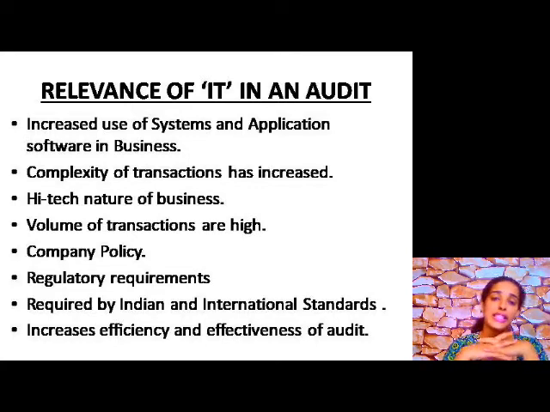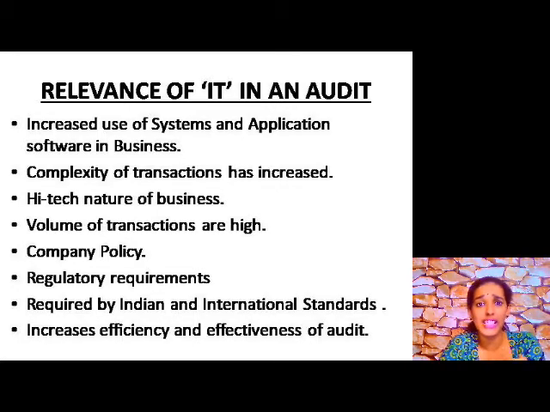Now, the fourth one is when the volume of transactions is very, very high. When do you say the volume of transactions is very high? Say, for example, in the business of railway ticket booking, n number of transactions happen even in 1 minute.